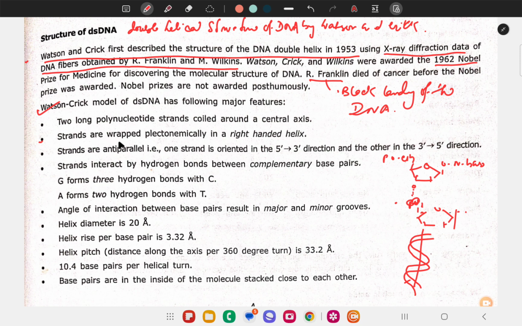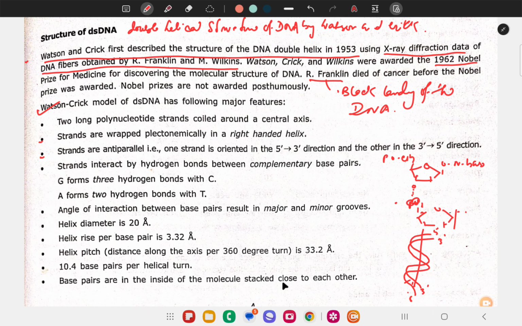Number 2, strands are wrapped plectonemically in a right-handed helix around this axis. Number 3, strands are antiparallel because one is 5' to 3' and the other is 3' to 5'.